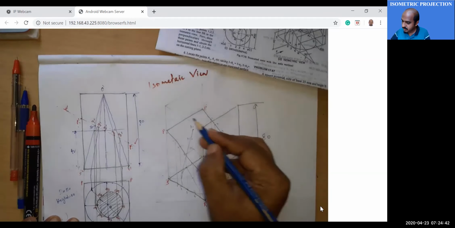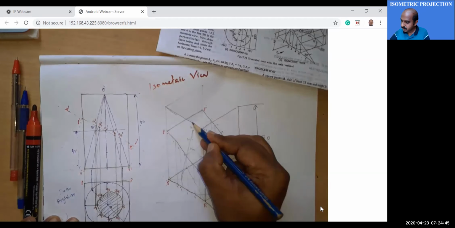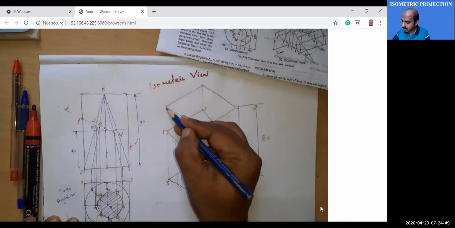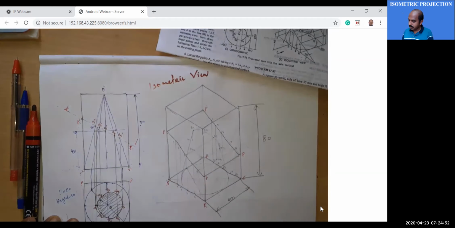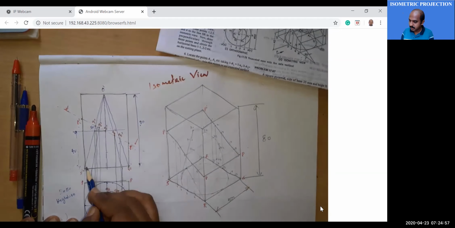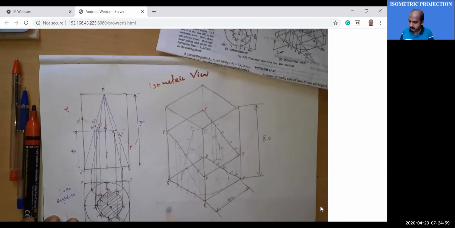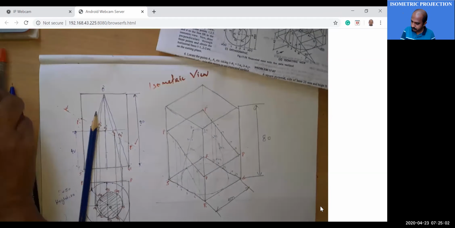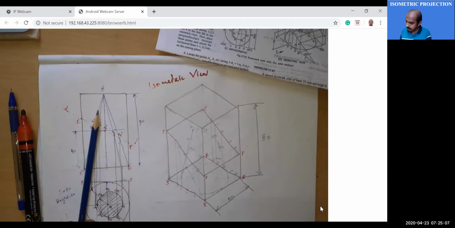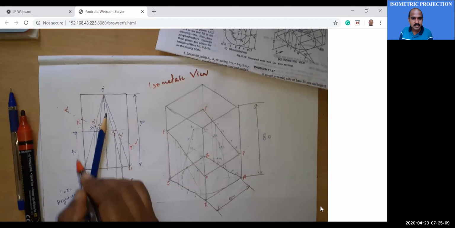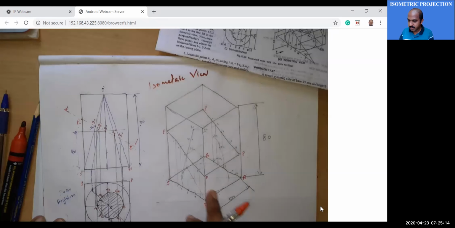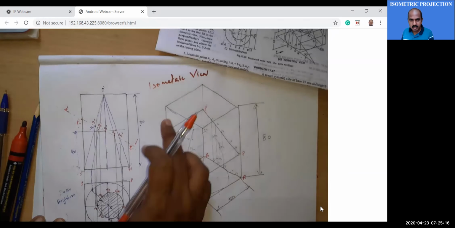On the top also you can complete the rectangular box, with height 80. Here PR is equal to P dash R dash, and PS is equal to P dash S dash. Now you can complete the total rectangular box and your cutting plane also.